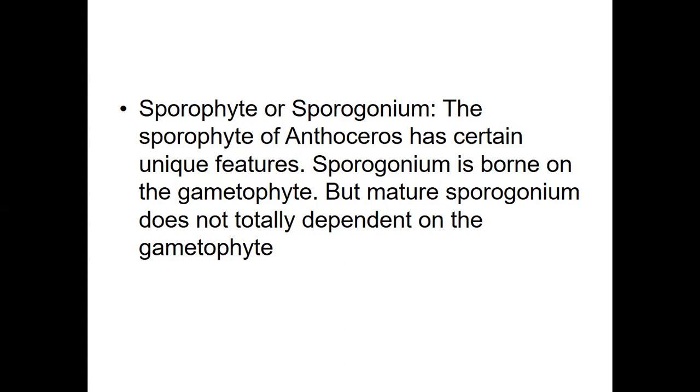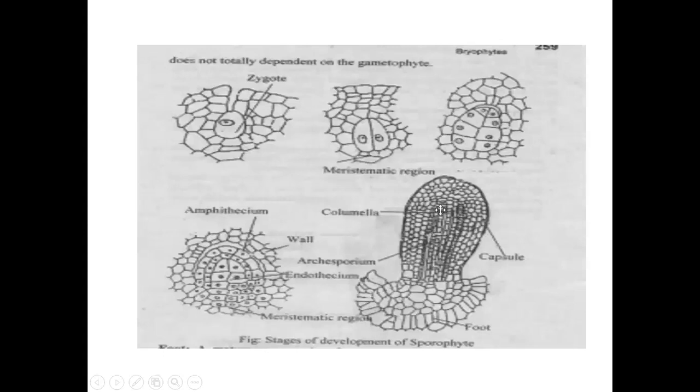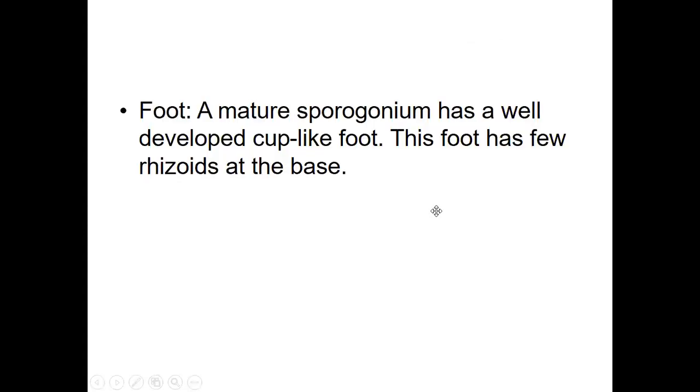Also, this sporophyte is partially dependent on the gametophyte. It is not completely dependent, as in Marchantia, where the sporophyte is completely dependent. In Anthoceros, it is only partially dependent.